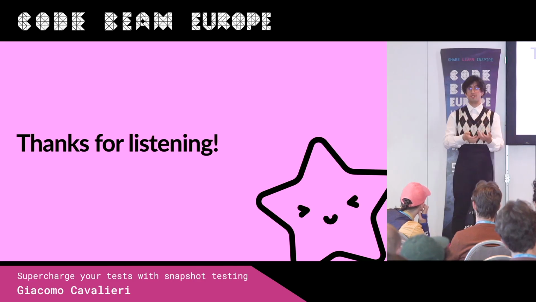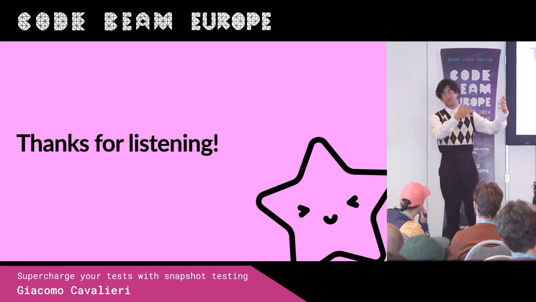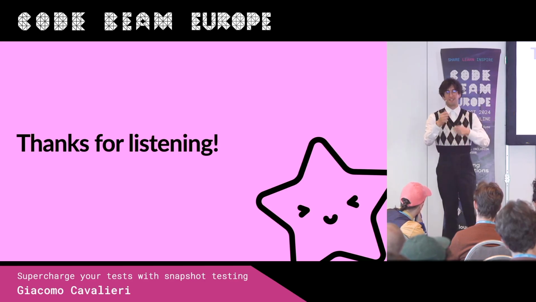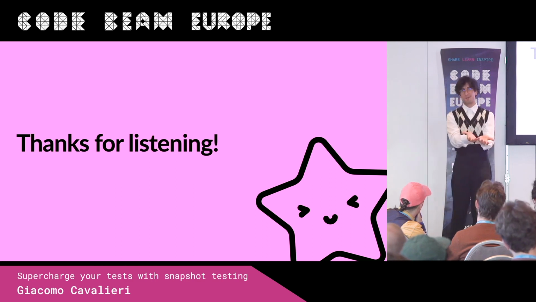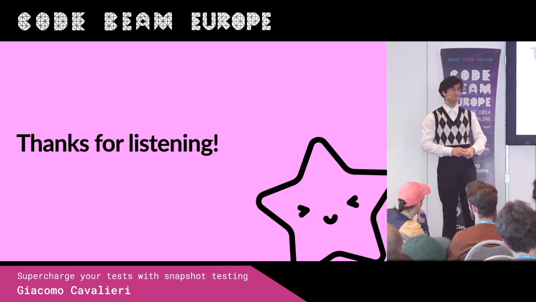Usually I have a look at the pretty printing function, and most of the time it's pretty straightforward to figure out if you're doing something wrong with the formatting of the data or with your business logic itself, and then you go and fix it. But I usually don't test the pretty printing function itself because it's already in the snapshot, and you see if that is right or not, the look you wanted or not. Cool, thanks.